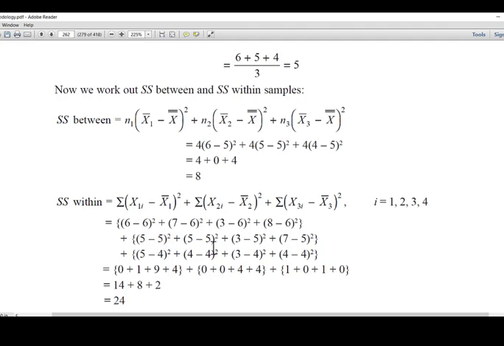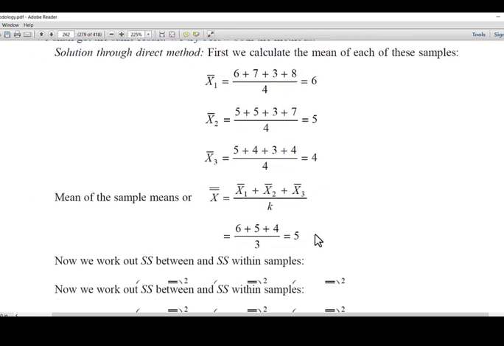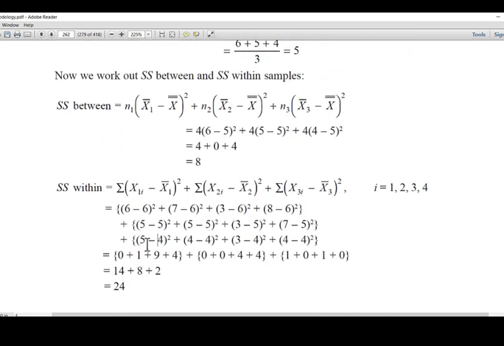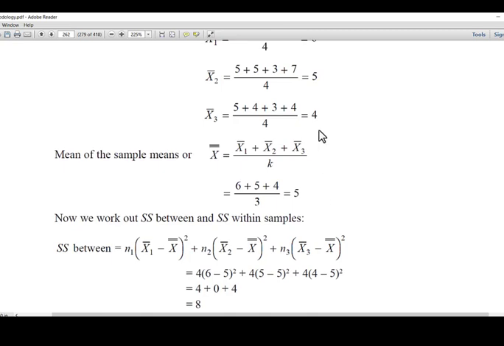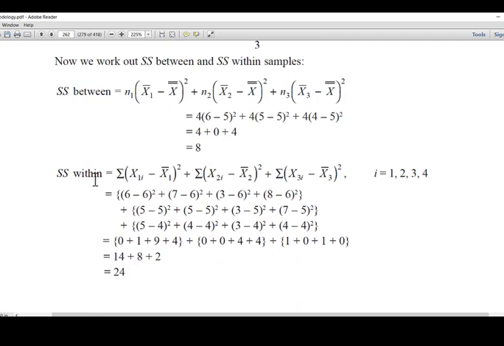And then we have the third sample containing 5, 4, 3, 4, and they are subtracted from the respective mean of 4, that is x3 bar is 4. This way we have calculated SS within samples, that is 24. SS between samples is 8 and SS within samples is 24.